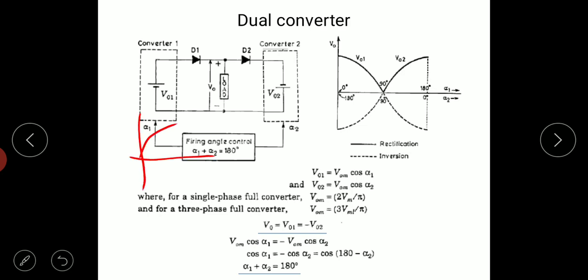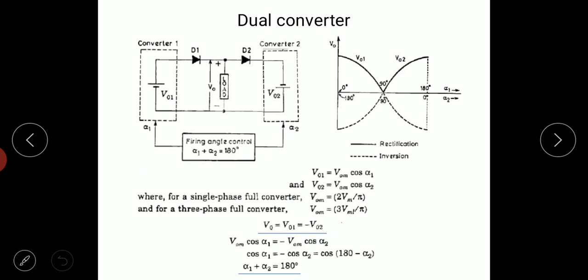If converter 1 voltage is this and converter 2 voltage is this, both will have same average voltage, but the instantaneous voltages will differ.